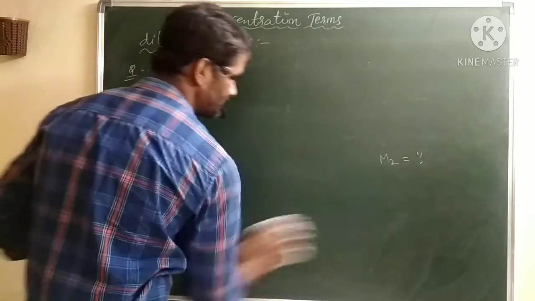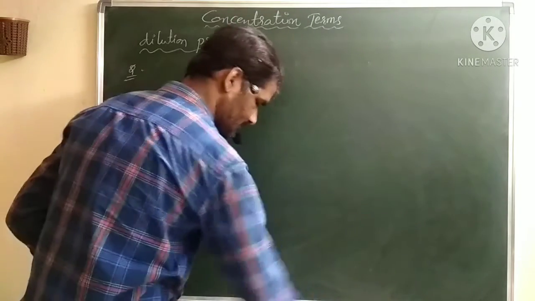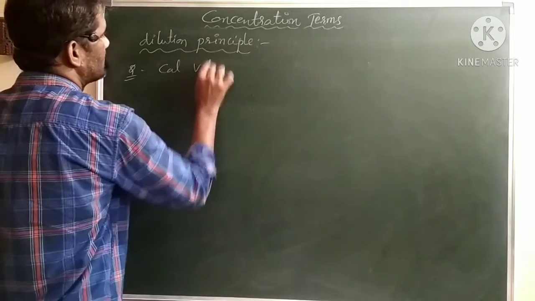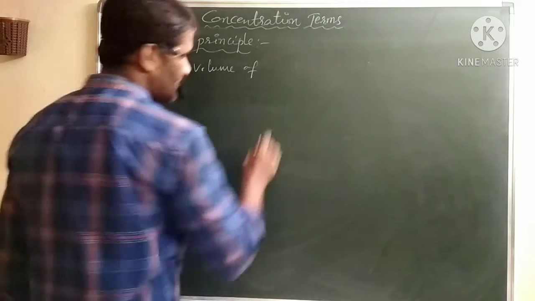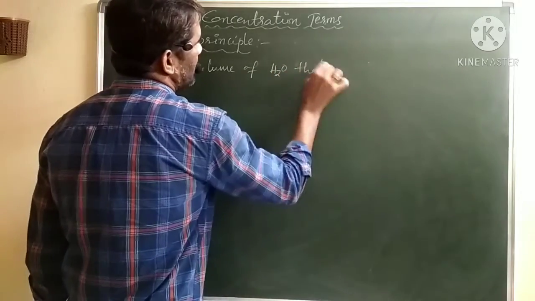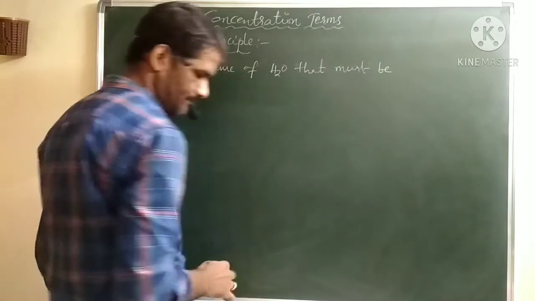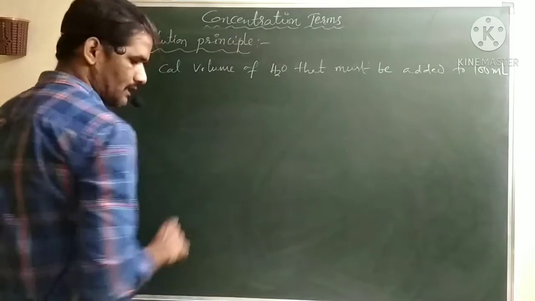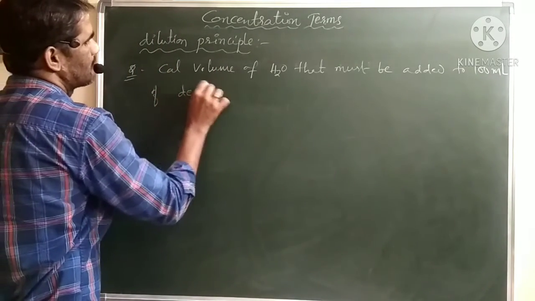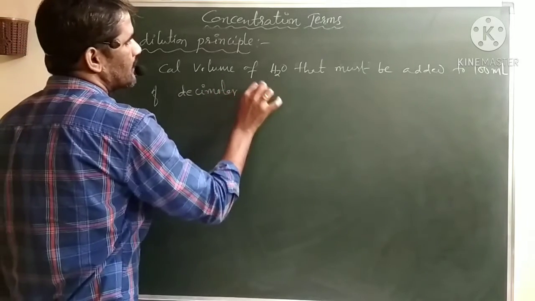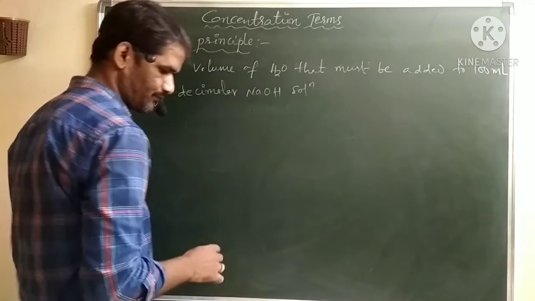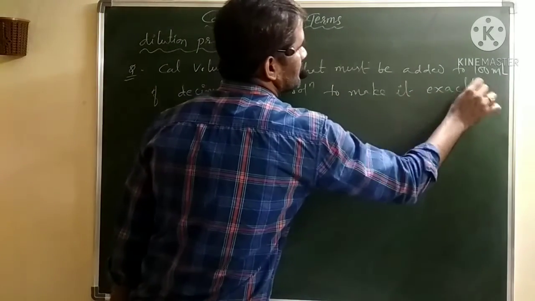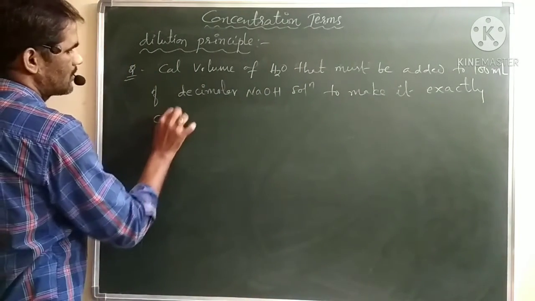Let's take one more model here. Calculate the volume of water that must be added to 100 ml of decimolar NaOH solution to make it exactly centimolar NaOH.